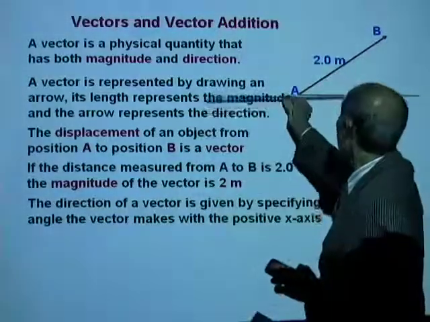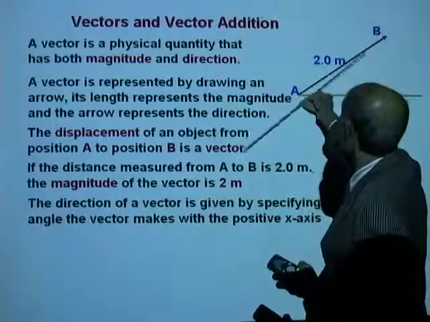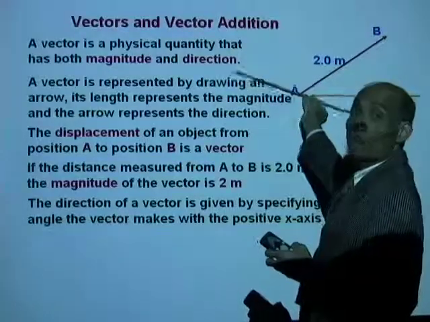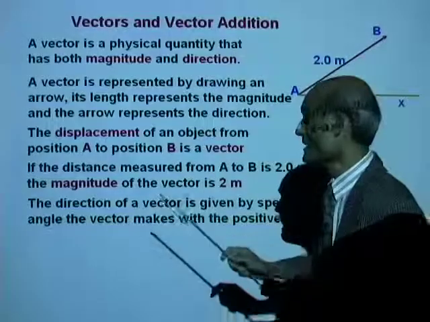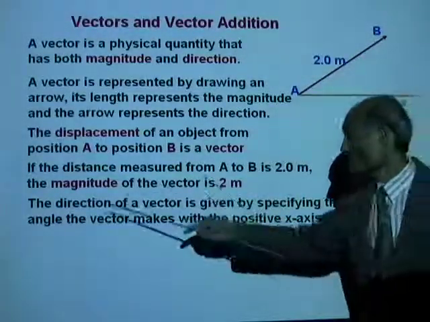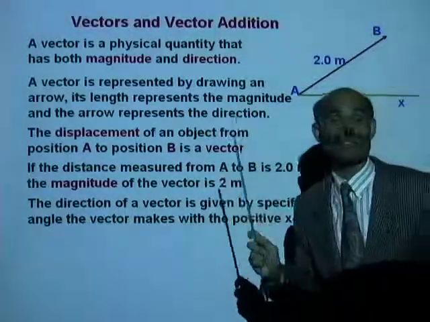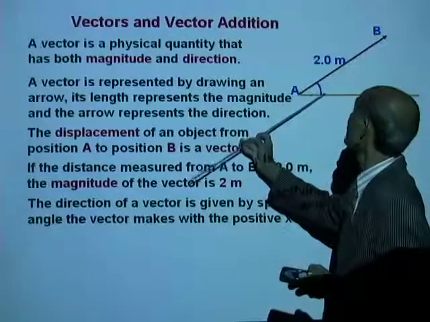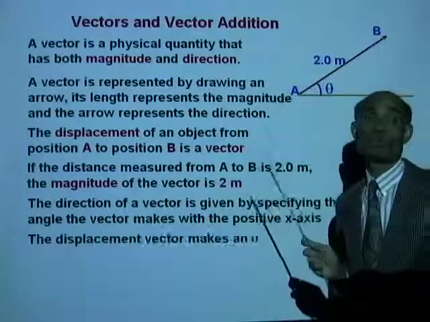The angle measured counterclockwise from the x-axis is a positive angle. If the angle is measured clockwise, it will be a negative angle. Is that right? So the direction of a vector is given by the angle the vector makes with the positive x-axis. There, the angle measured counterclockwise with the positive x-axis is theta.